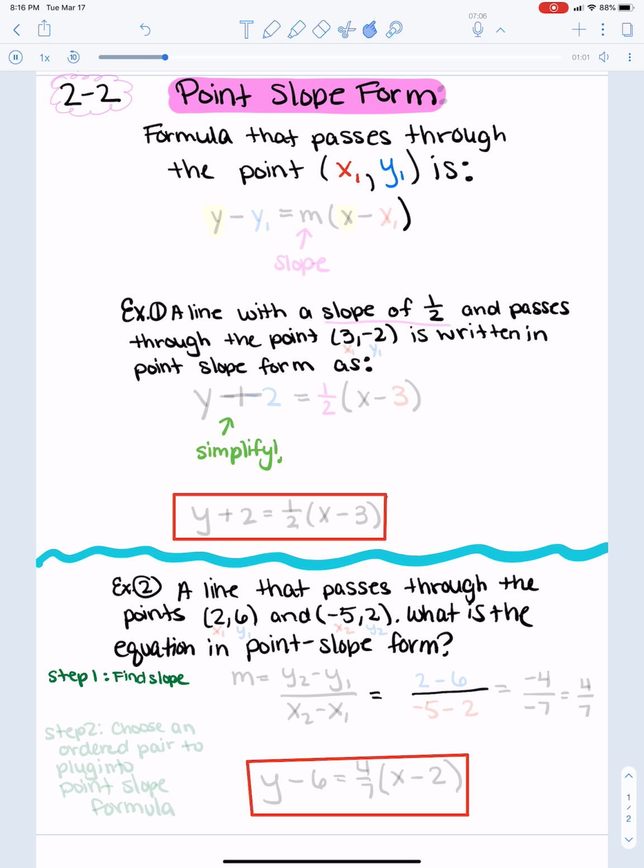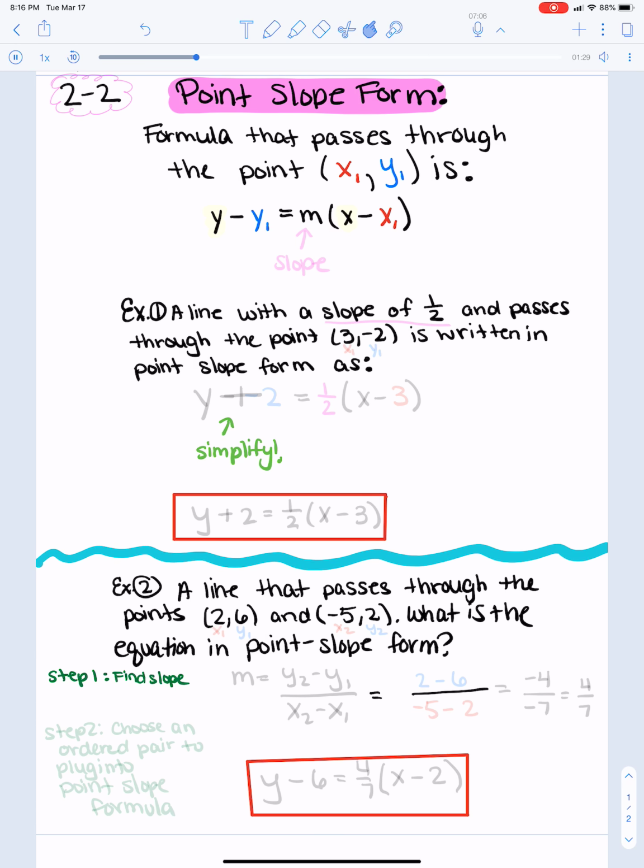All right, so point slope form. The formula that passes through the point x1, y1 is y minus y1 equals m parentheses x minus x1.